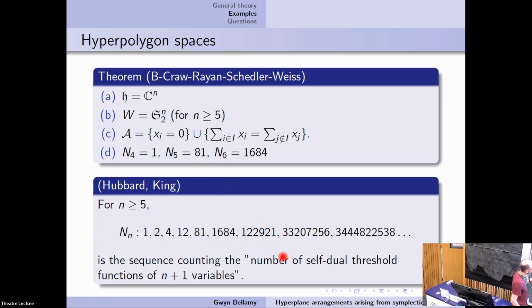Then Alistair King got very interested, and he noticed that this sequence of numbers is actually counting something combinatorial. What was it in the online encyclopedia? That's a good point. If you plug this sequence in, the online encyclopedia will tell you it doesn't recognize it. The reason is that this number seems to be incorrect inside the encyclopedia.